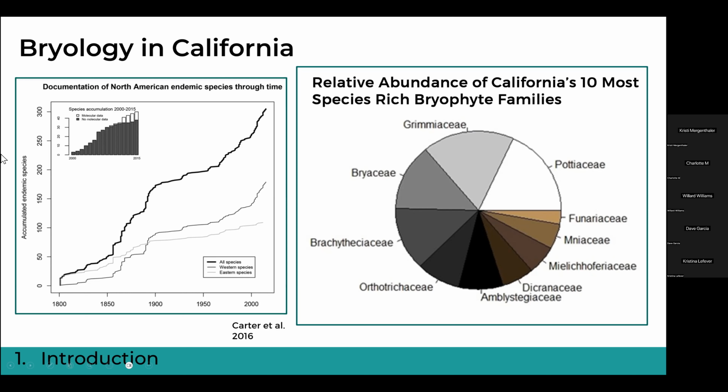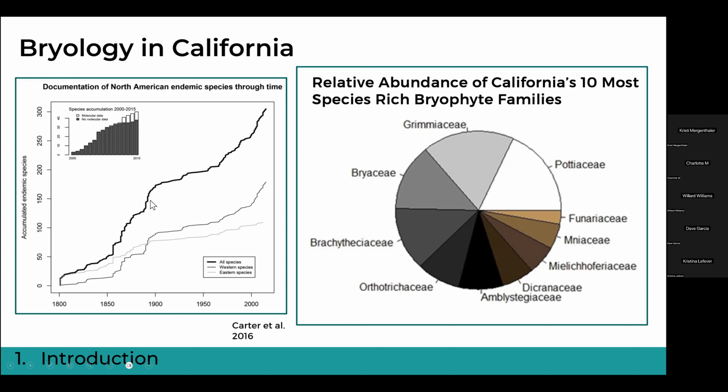So in this, we can see from 1800 to 1900, we have these two lighter trend lines here. The gray one represents eastern species. This other one is western species. And we can see that people studying eastern species were describing species at a higher rate in this time range, but were quickly overtaken by researchers in the West.